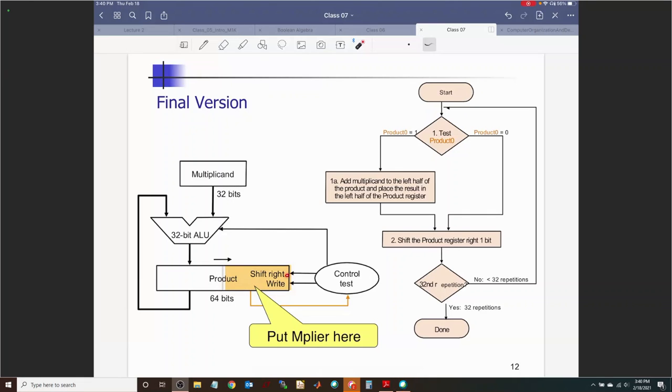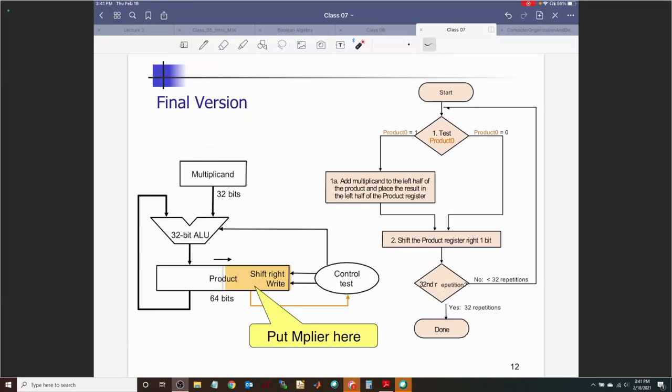And as you are shifting right, you are throwing away one bit of that multiplier that gets consumed. What is going to happen finally? You are going to get the entire 64-bit product over here. Still using a 32-bit ALU and a 32-bit multiplicand.